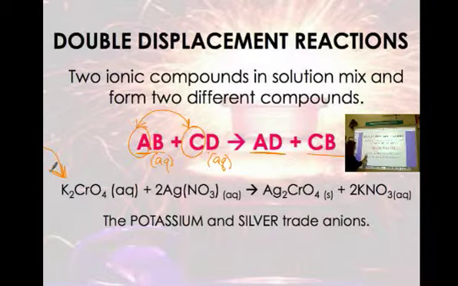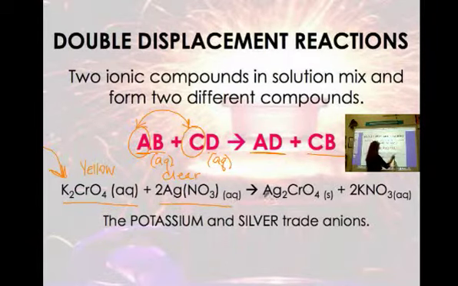She had potassium chromate solution, which was the yellow solution. This was the yellow stuff. And silver nitrate, this was clear. The yellow liquid and the clear liquid, when she mixed them together, formed this solid, this guy was kind of a reddish-brown color, silver chromate.